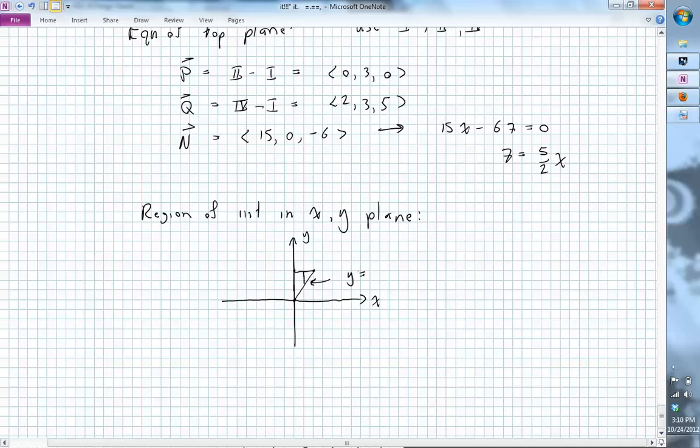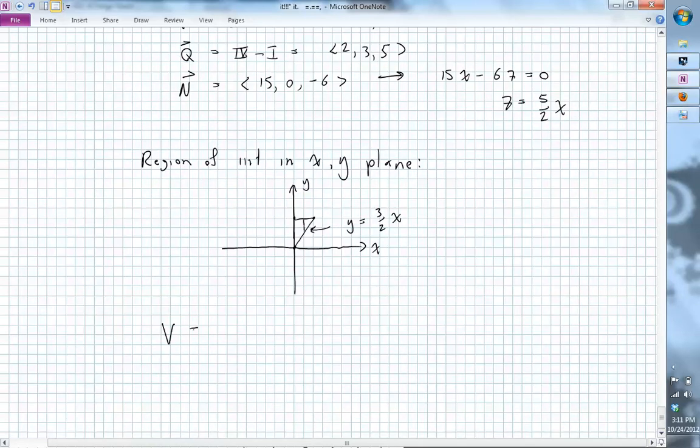Well, what's the equation of that line? 3 halves x. Good. So at the bottom, it's 3 halves x. At the top, what's y? 3. Okay, and we're almost there. X goes from where to where? 0 to 2. Okay, we're ready.